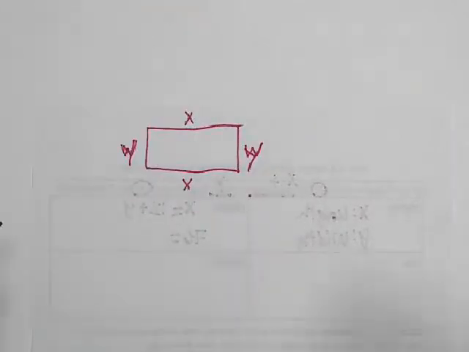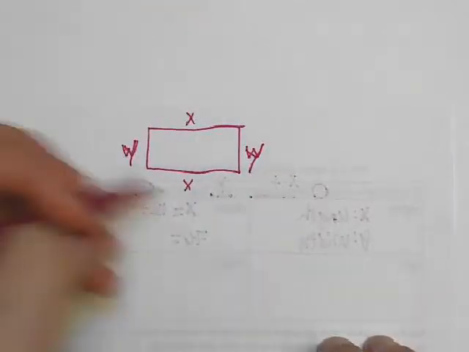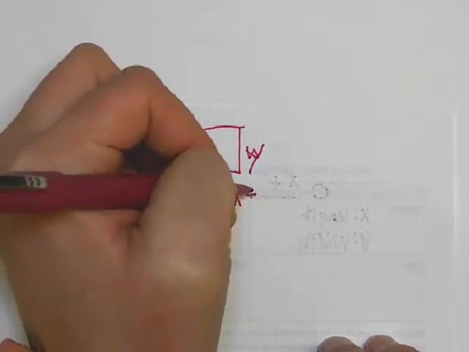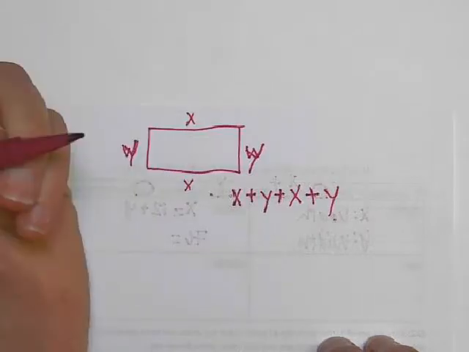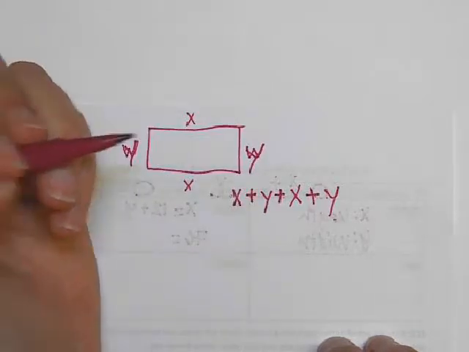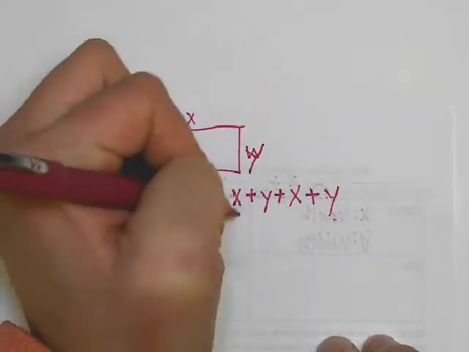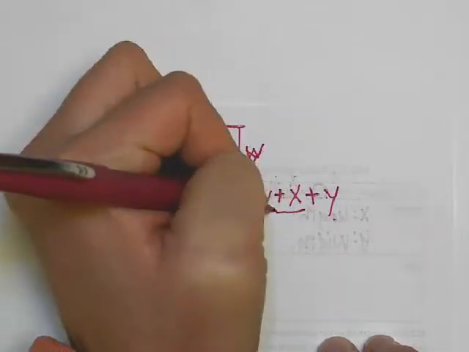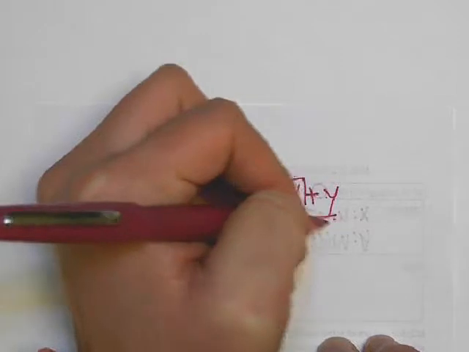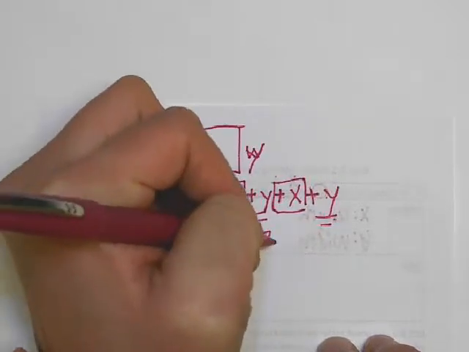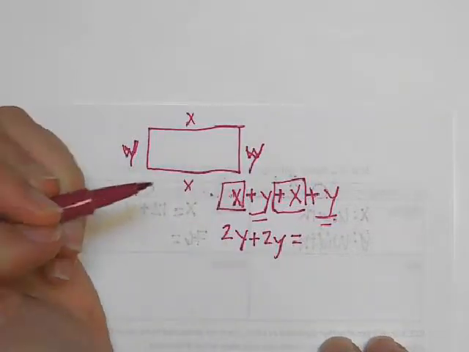You add them all up, right, for perimeter? So if I added these up, x plus y plus x plus y. How many x's do I have? Okay, so now I'm going to combine my like terms. I've got 2 x's and how many y's? 2 y's.